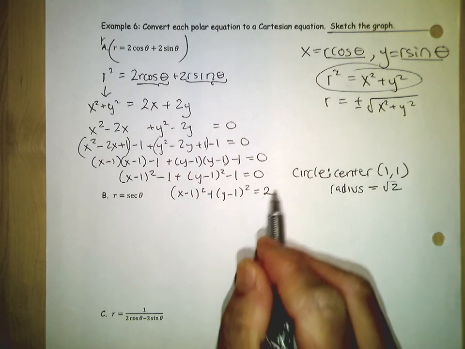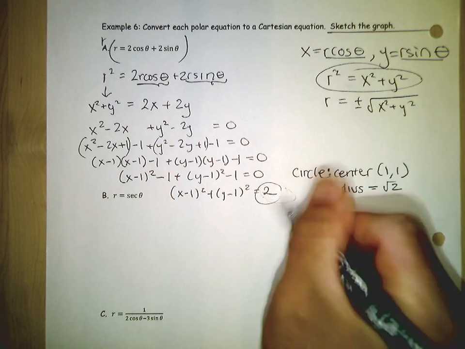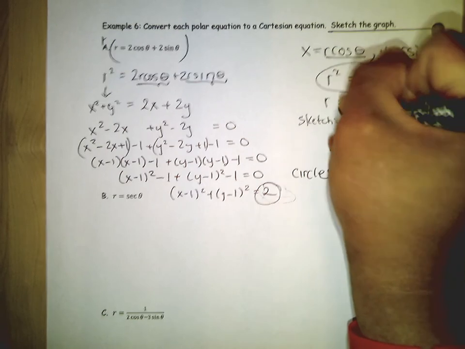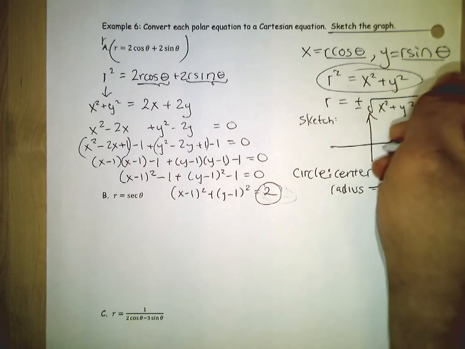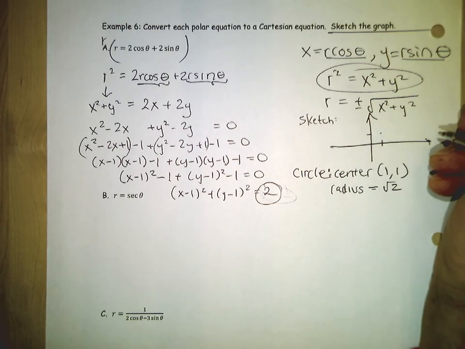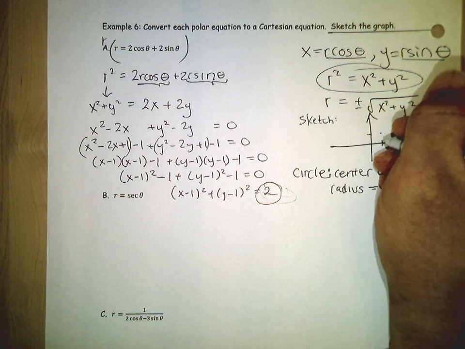The radius is the square root of r squared, which was 2. And now I can draw a sketch here fairly easily. And here is the center, 1, 1, and a radius of the square root of 2.